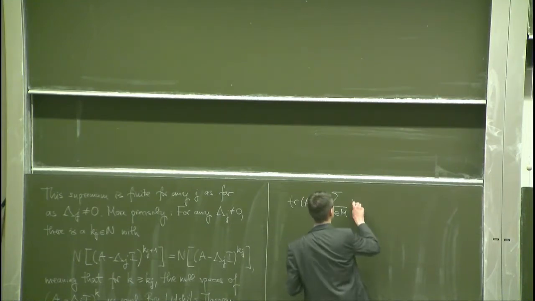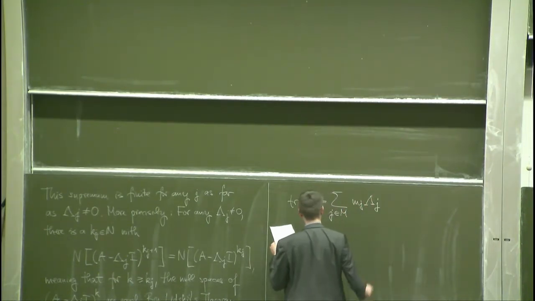And here we have the multiplicity m_j times the lambda_j.